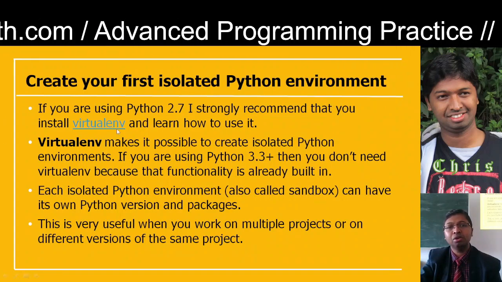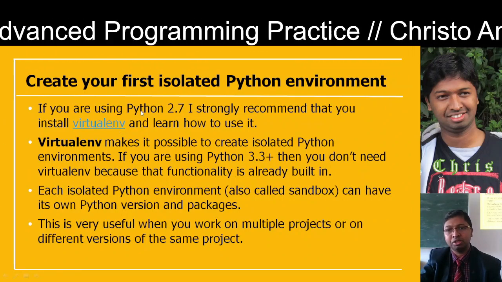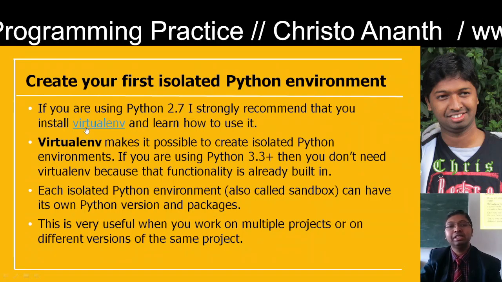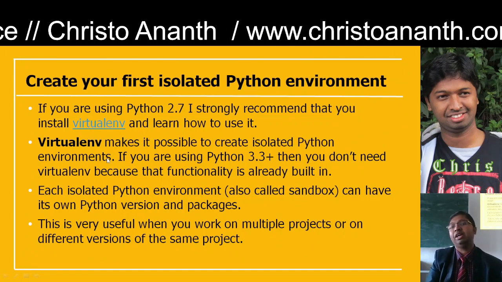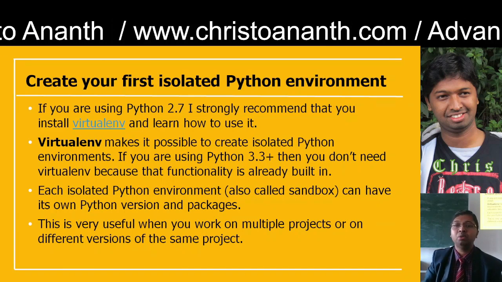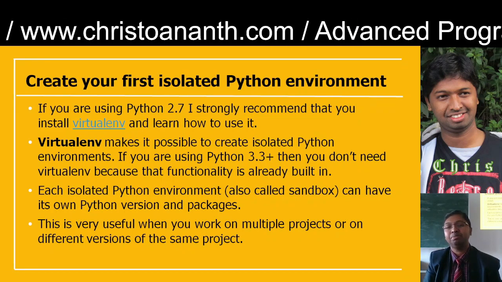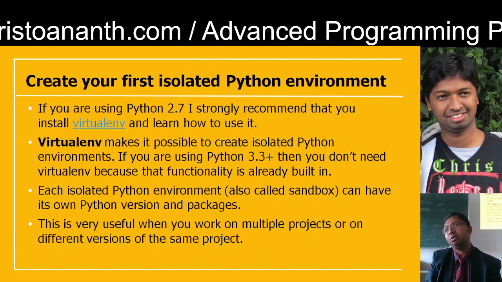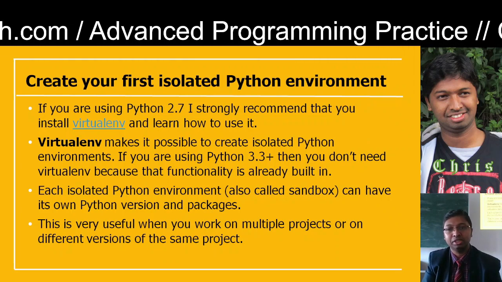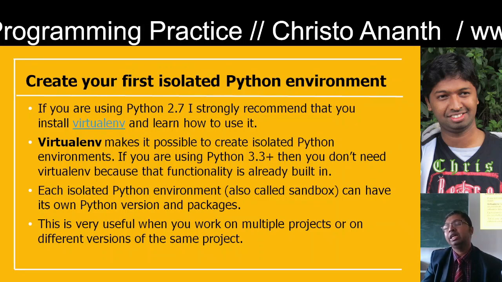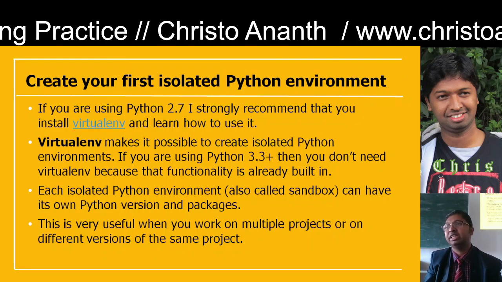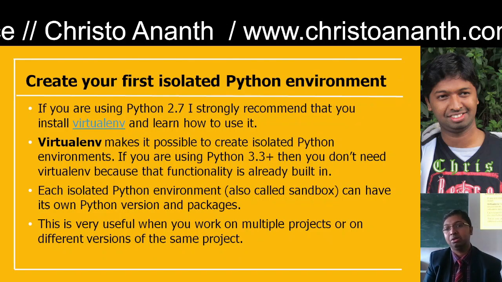And maybe you will go with using Python 2.7, okay, maybe you will go with installing virtualenv. So virtualenv, it's nothing but how you try to create an isolated Python environment. Maybe you'll go with higher versions, maybe 3.3 or so. So you do not need virtualenv, okay, because in the higher versions like 3.3, 3.4, it is already built in, okay.